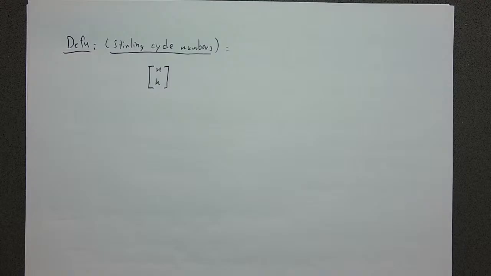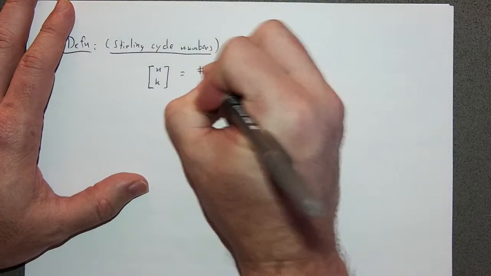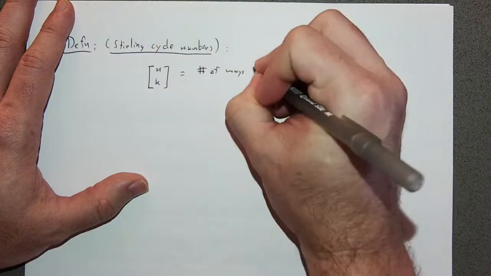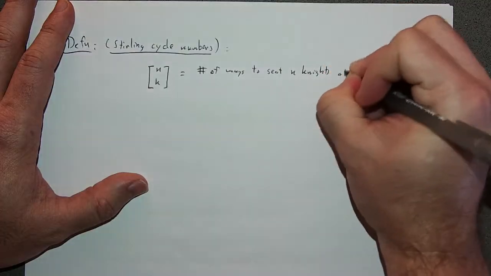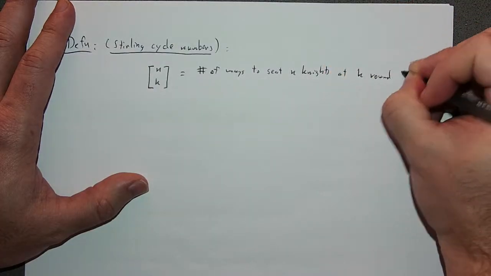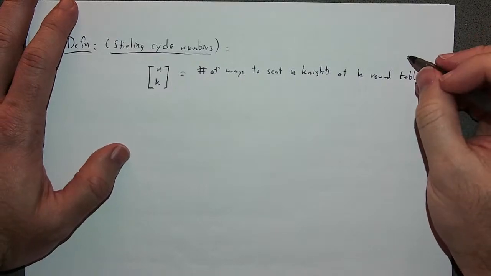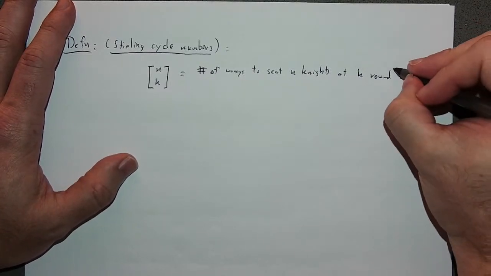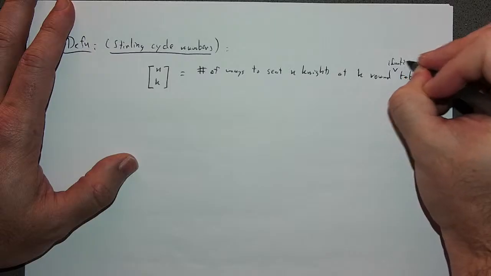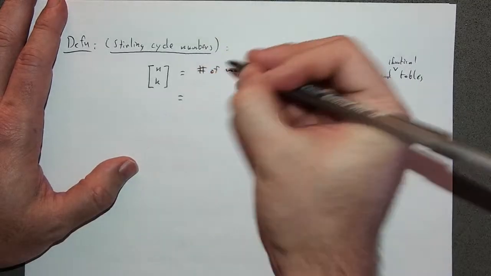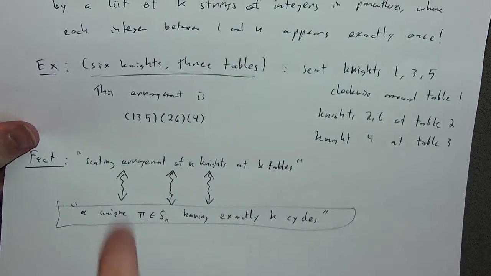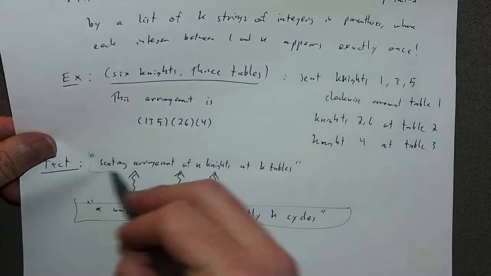This is the number of ways to seat n knights at k round tables that are identical. By this previous fact, these two things count the same; they are in one-to-one correspondence.